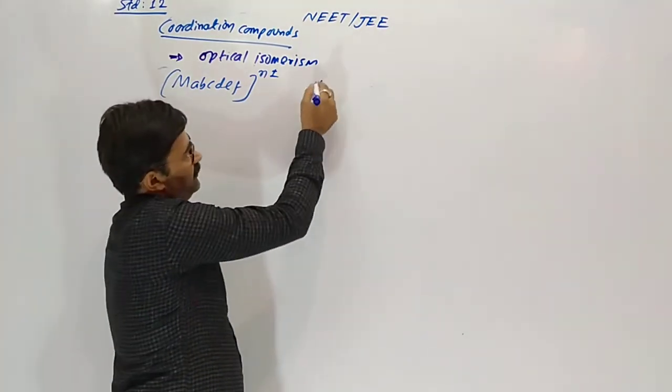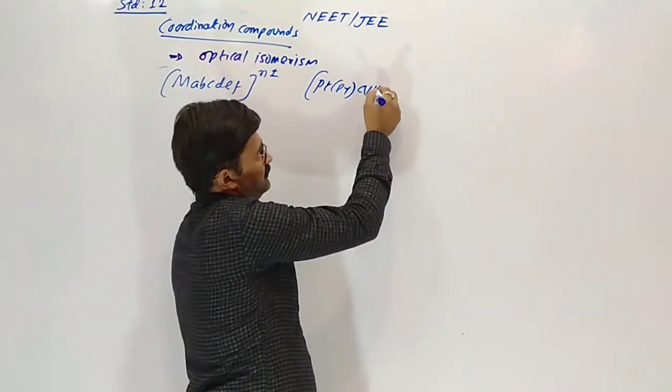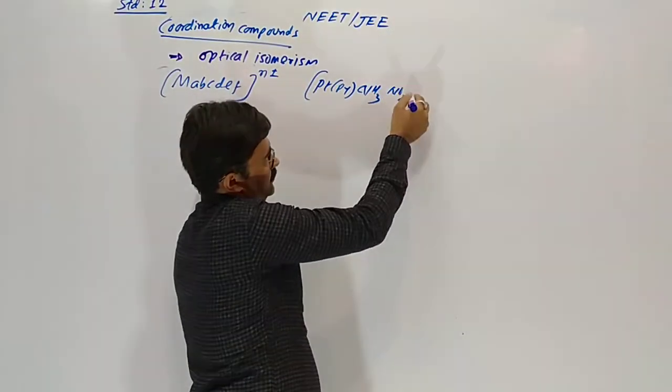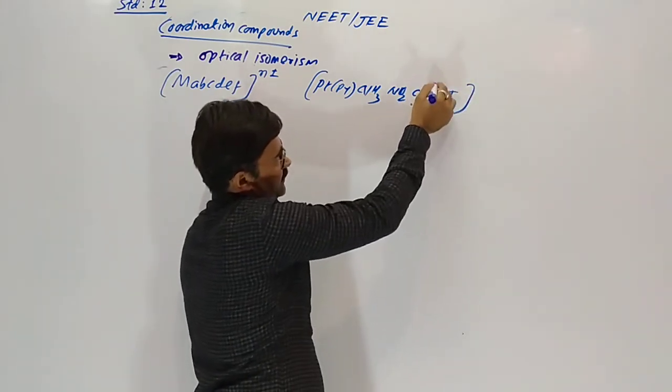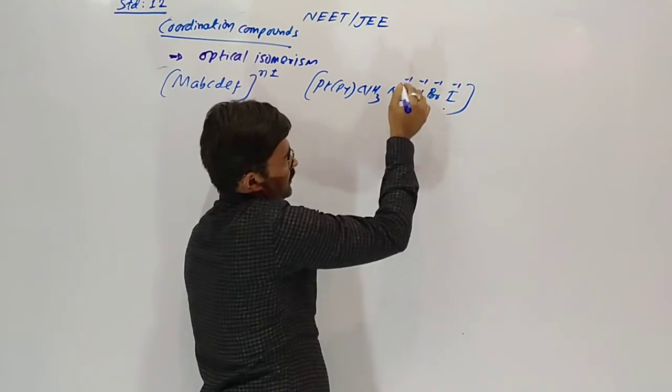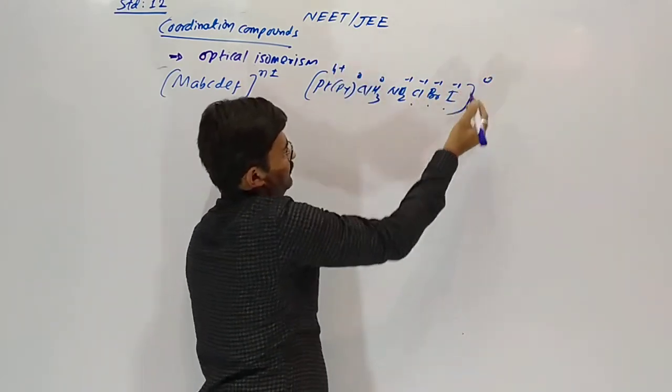So platinum with pyridine, then amine, nitro, chlorido, bromido, iodide: 1, 2, 3. Here total charge -1, 0, 0. Here is +4, so here will be 0.